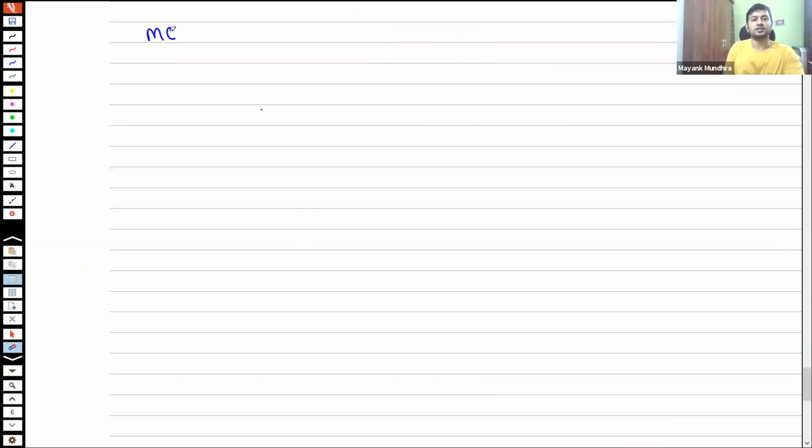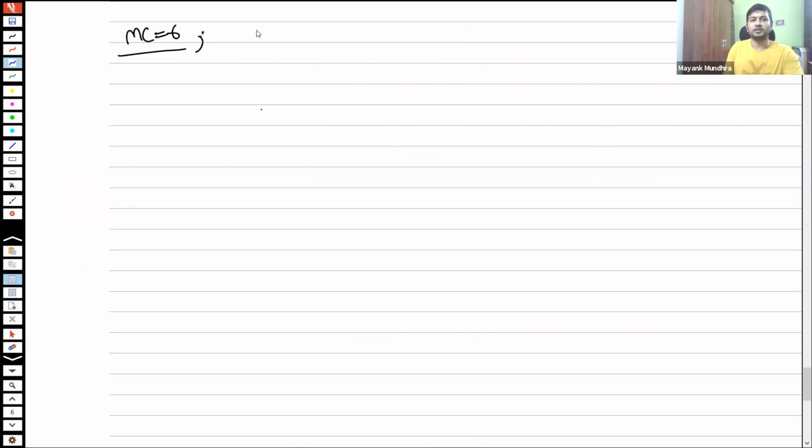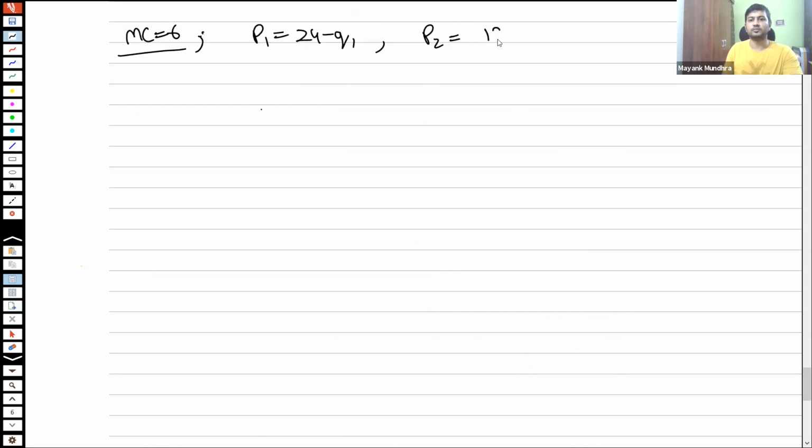Marginal cost is equal to 6. Price in market 1 is 24 minus Q1. Price in market 2 is equal to 12 minus Q2 by 2. So these are the prices.